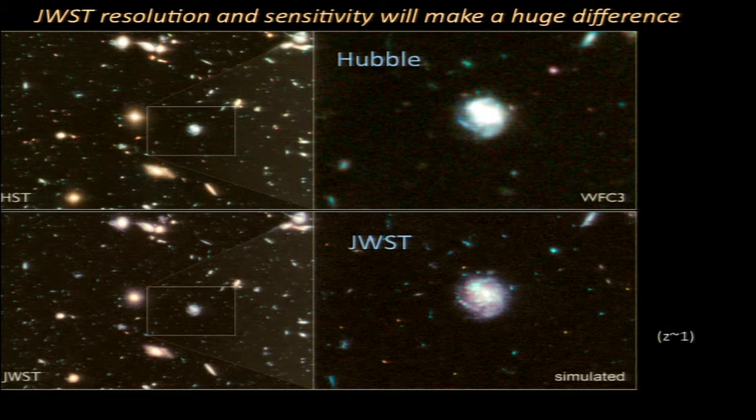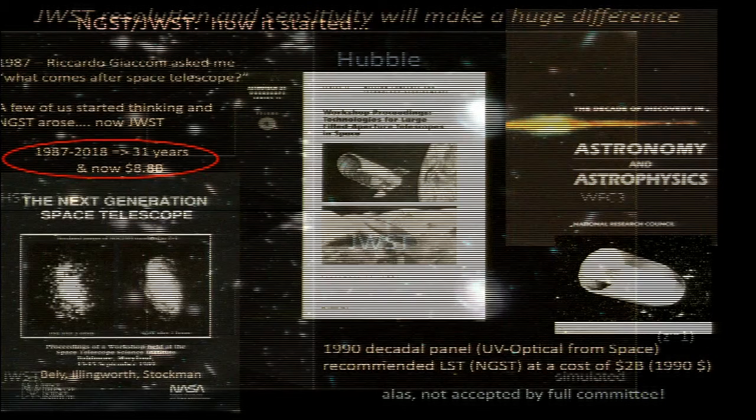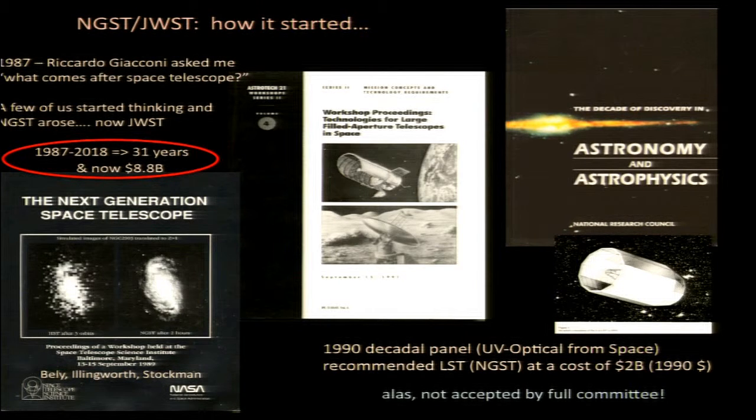So JWST is clearly going to make a huge difference. It's one of those projects that started ages ago. I remember this only too well, and in many ways you can attribute this to the prompting of Riccardo Giacconi. He had a lot of experience with space projects and how long they took. And he said to us 3 years before Hubble launched, so what's going to happen after Hubble?